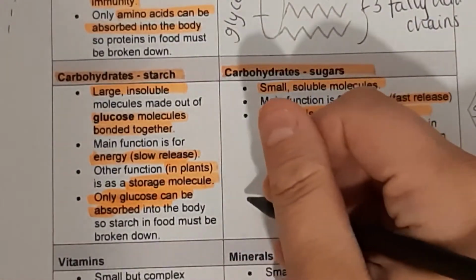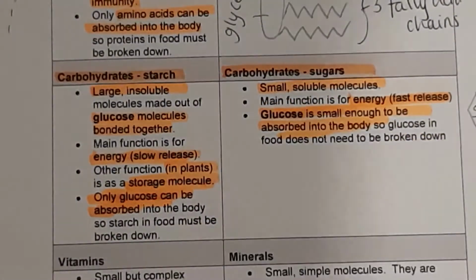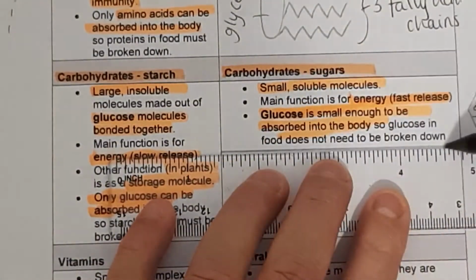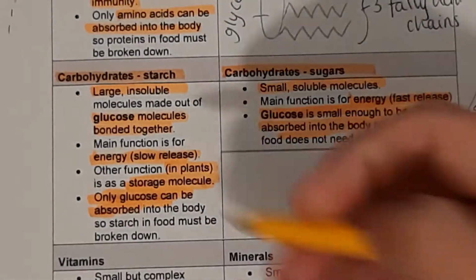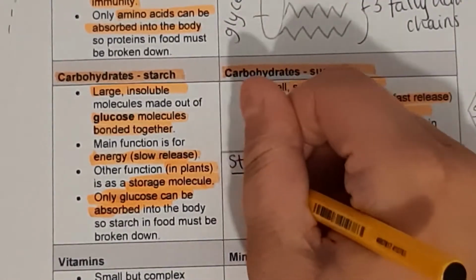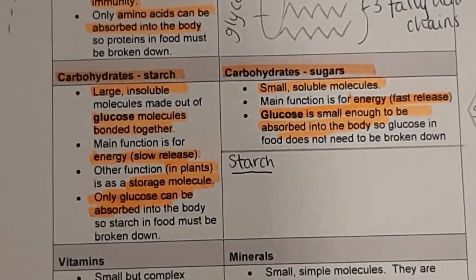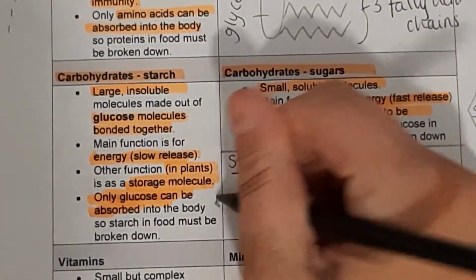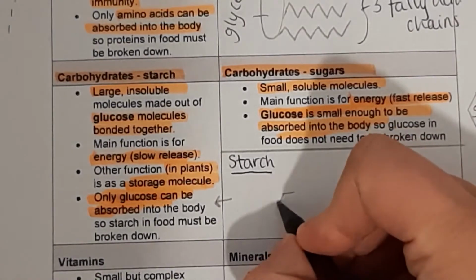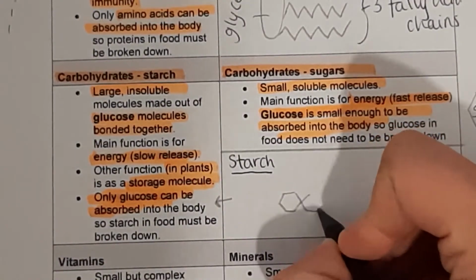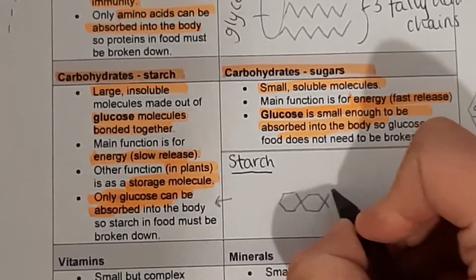In fact, we're going to get a little ruler and show what starch looks like. Let's make sure we've labelled that so it's really clear that this diagram is for starch. It's going to be a chain made up of lots of hexagons.